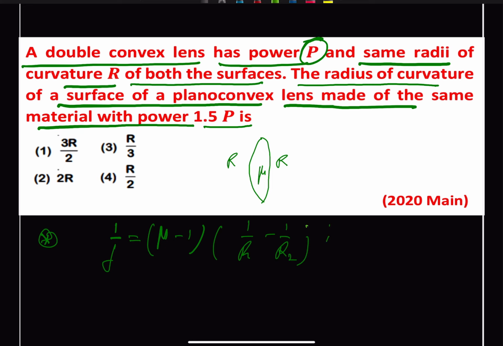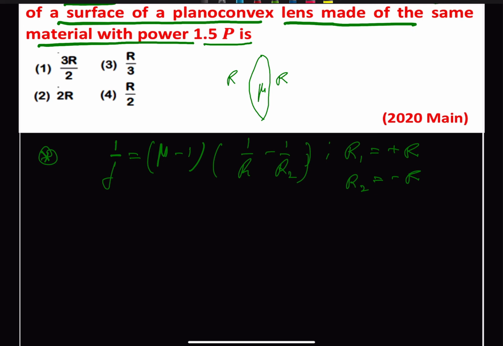Here our R1 will be equal to plus R, and our R2 will be equal to minus R. So this gives us that 1 upon f will be equal to (mu minus 1) times 2 upon R, and power we know is 1 upon f. Therefore we can say the power will be equal to (mu minus 1) times 2 upon R.